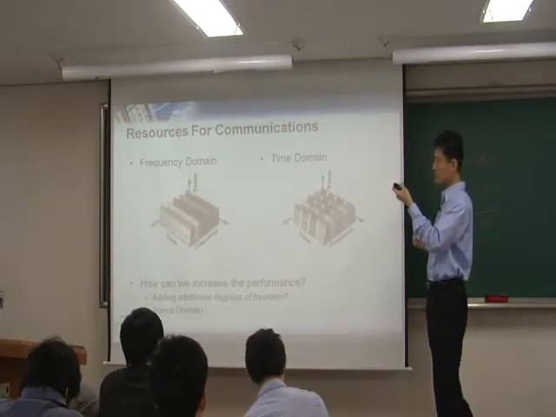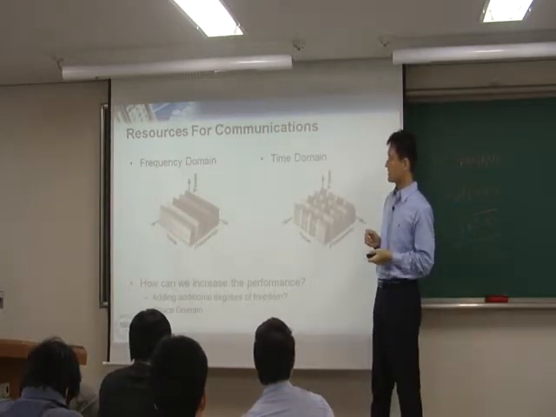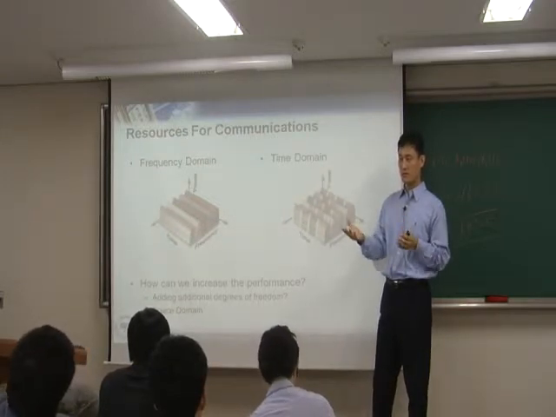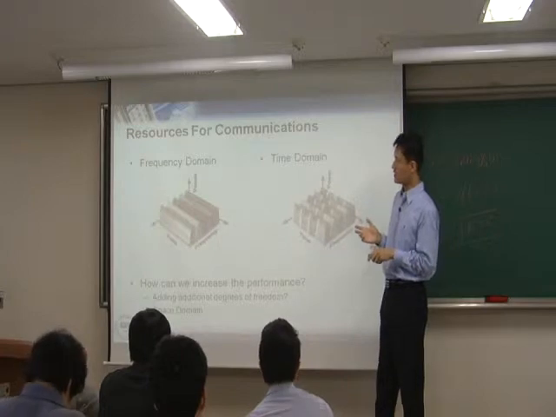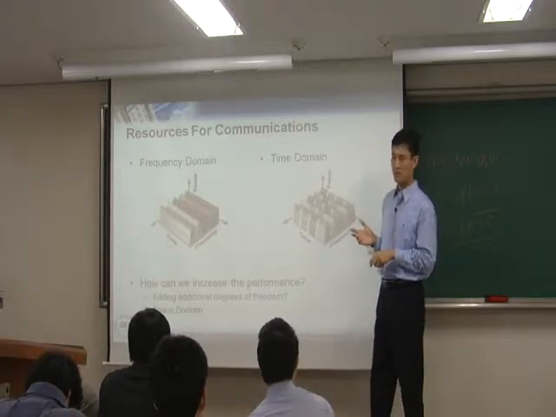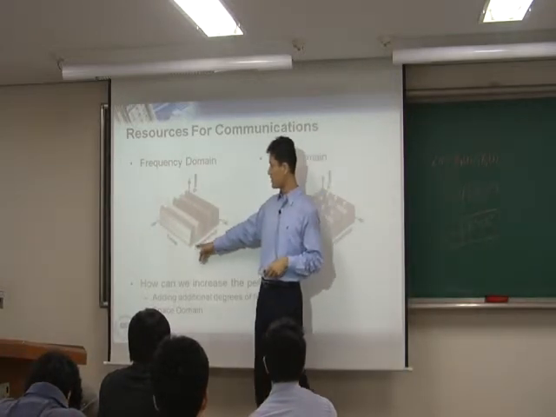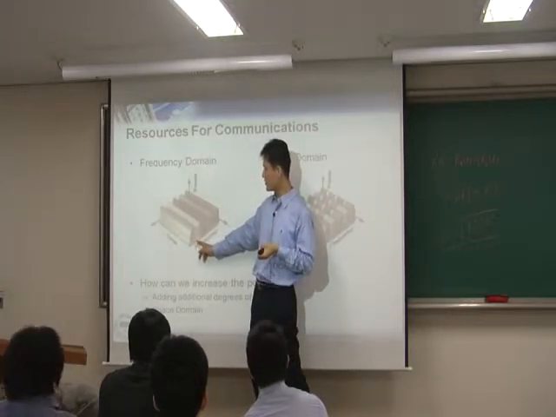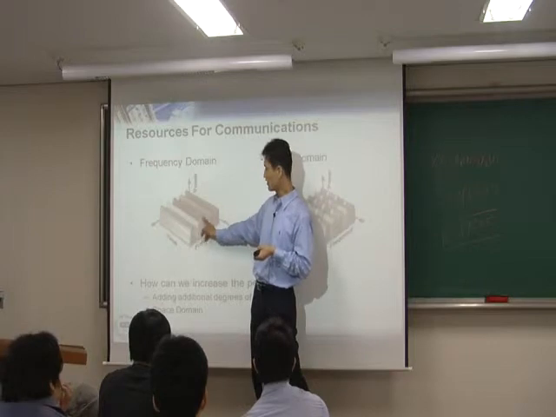Now, given that restriction, let's go to the basics. What is the best way or easiest way to increase the performance? The easiest way is to use more frequency band. You are using one frequency. The easiest way to increase the performance is to use an additional frequency, right?